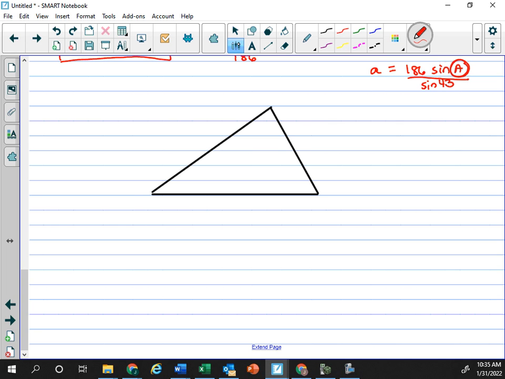All right, so I'm going to label it the same. This was B, 43 degrees, 249, A, 186, and C, little a. Okay, so all the same pieces we started with. We are just now going to find the other triangle.